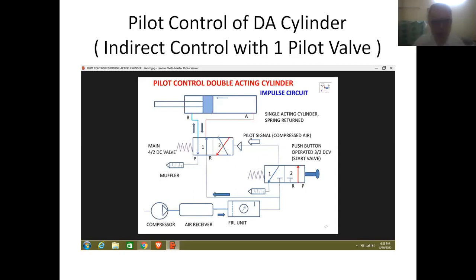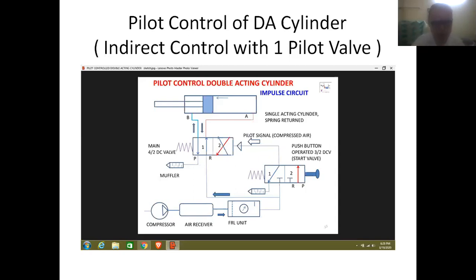Therefore, the element of the DC valve moves in reverse direction, and the DC valve will be coming to first position. Similarly, when the pilot valve is in second position, it will cut off the supply of high pressure fluid into the DC valve.